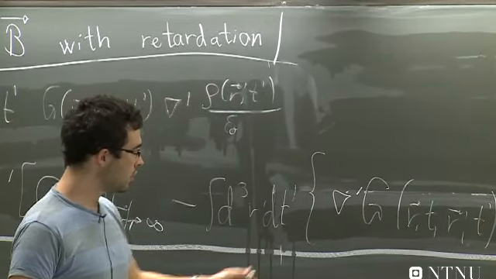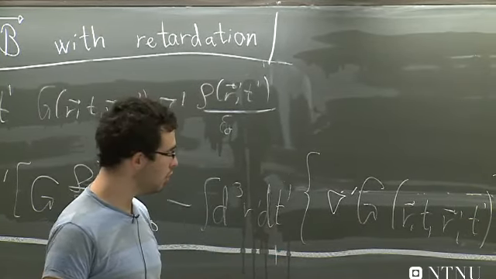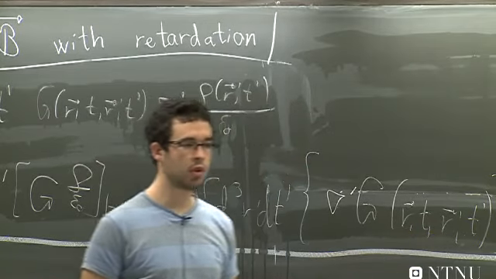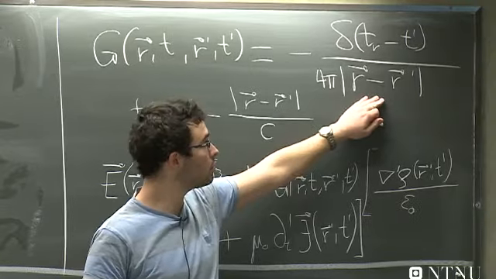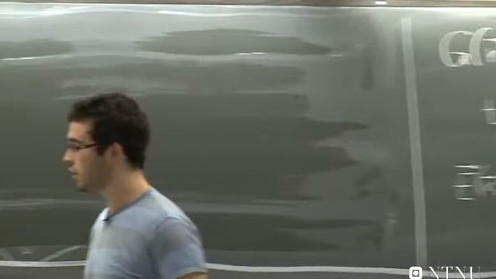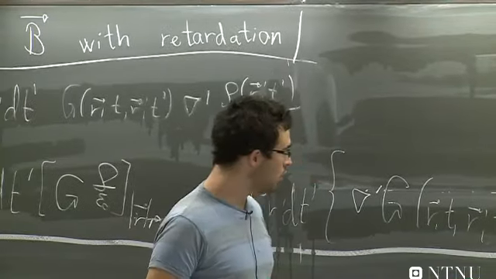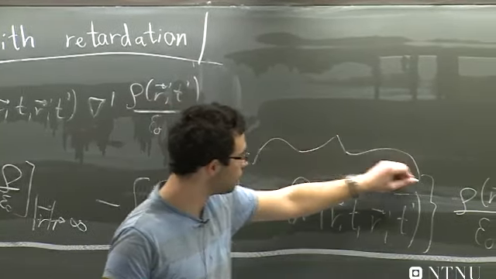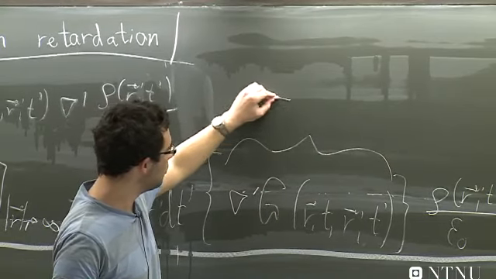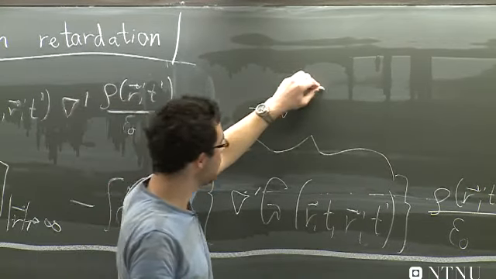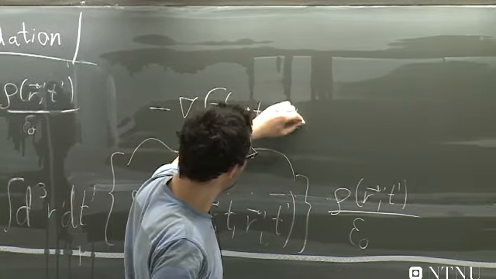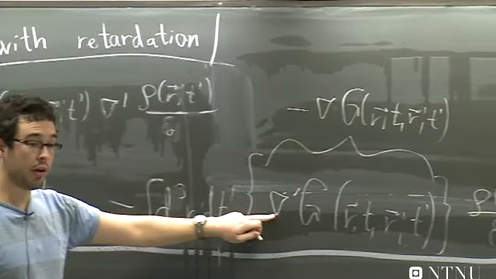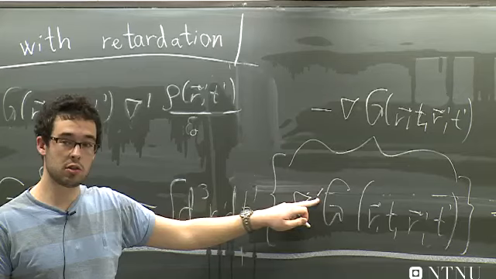And now the Green's function has a lot of symmetry in it. For example, if I exchange r with r prime, then the Green's function is unchanged. This is a general result, but for our special case, it's very easy to see that that's the case. However, the derivative changes sign if I change r to r prime, meaning that minus the gradient with respect to the unprimed coordinate system of the Green's function is the same as the gradient of the Green's function with respect to the primed coordinate system.